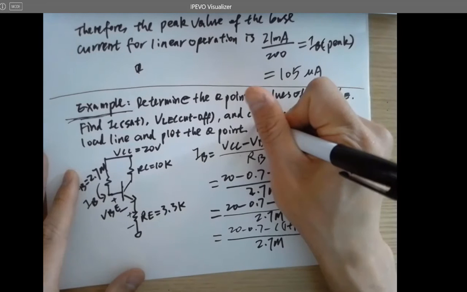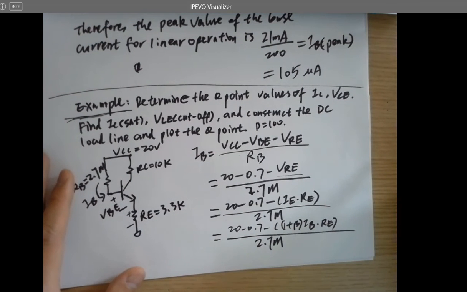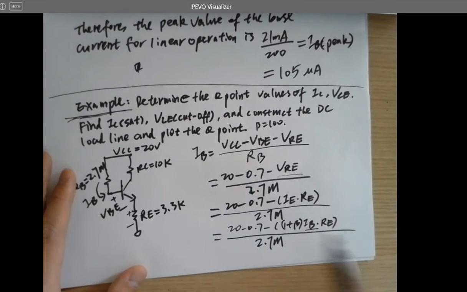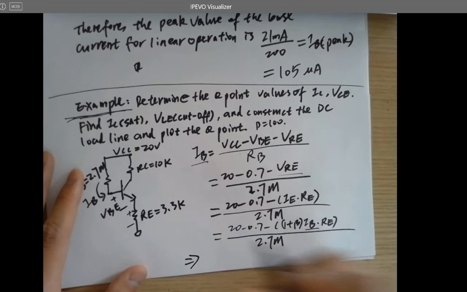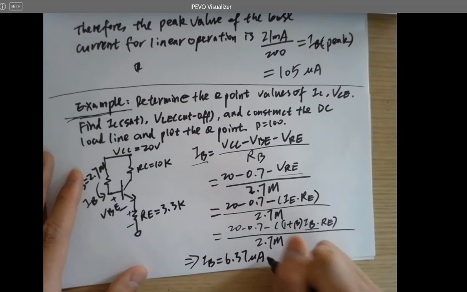Beta is 100. So only IB is a variable here. So calculate for IB. Just do the calculation. IB is 6.37 microamps.